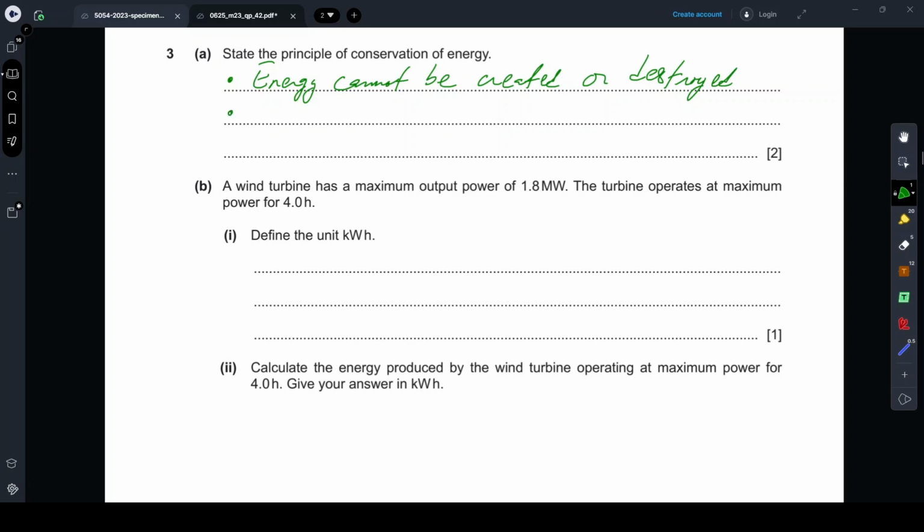Okay, let me dig in more. I don't know the second one. I think it's transferred from one thing to another, from one object, from one store.